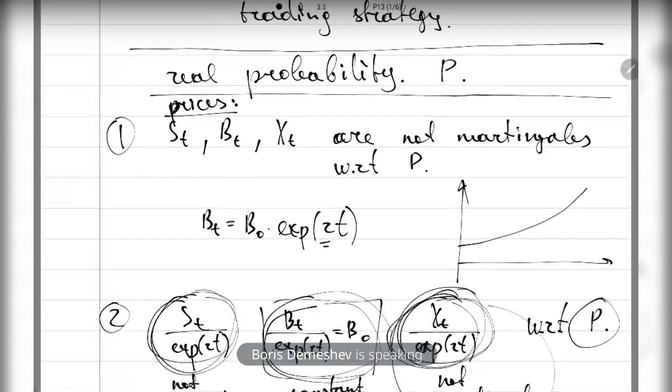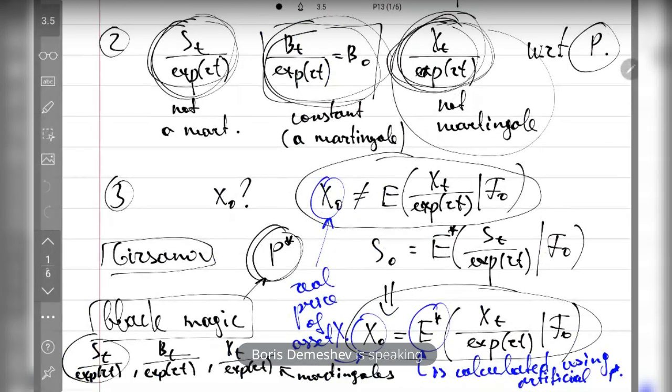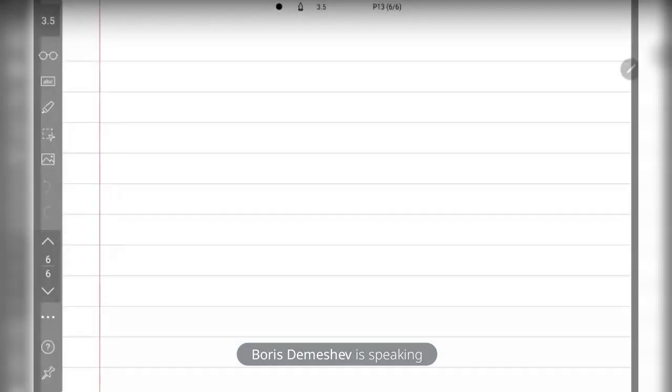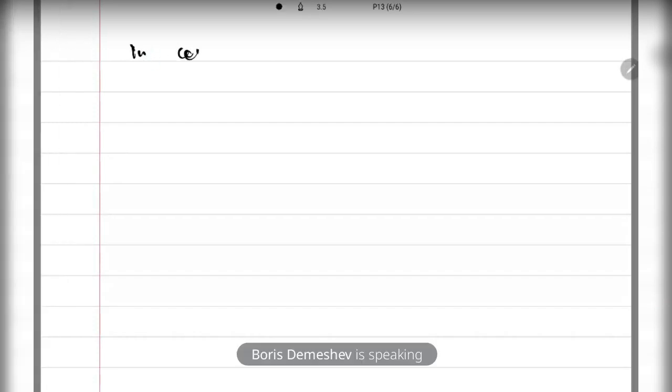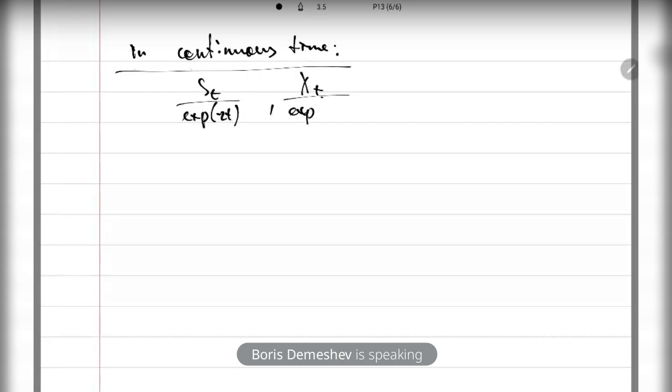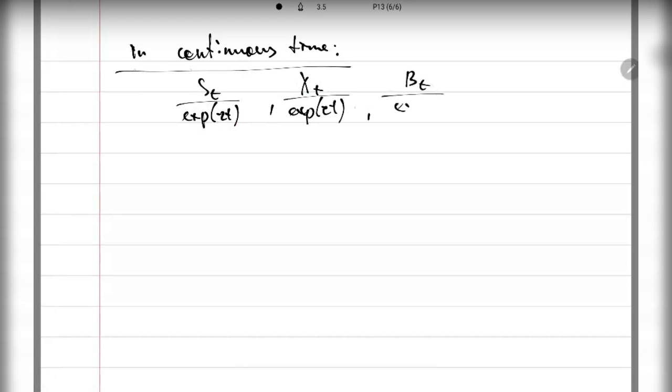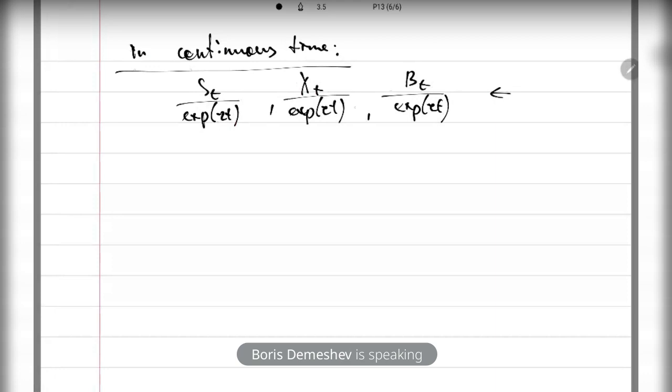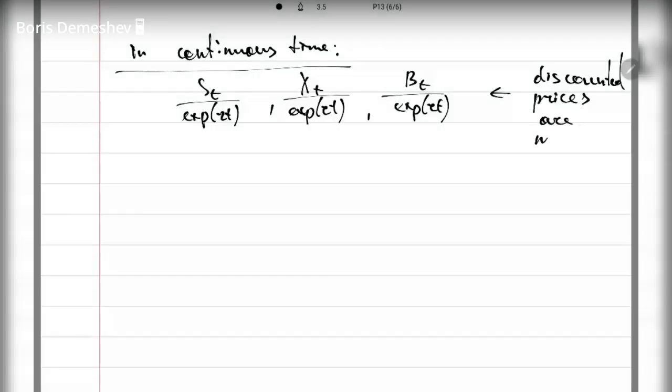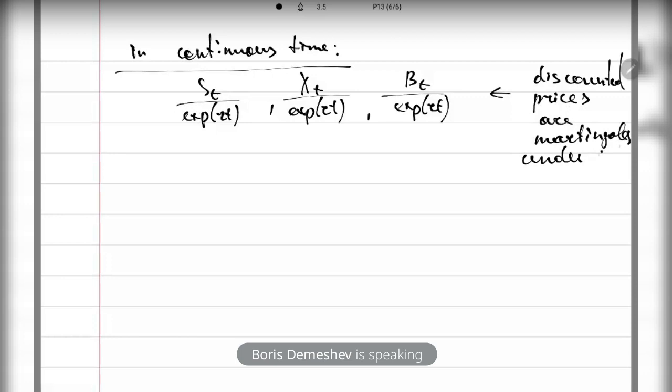The first fact we really use in continuous time is that ST divided by exponent RT, XT divided by exponent RT, and BT divided by exponent RT, all discounted prices, are martingales under P star.